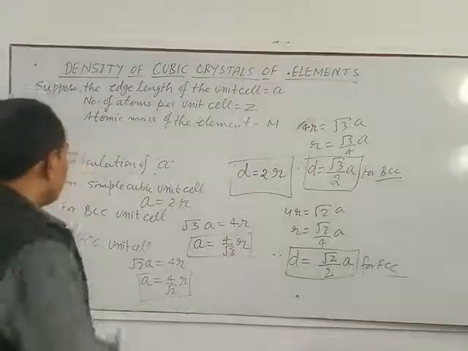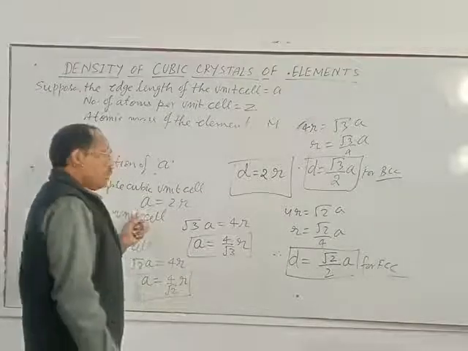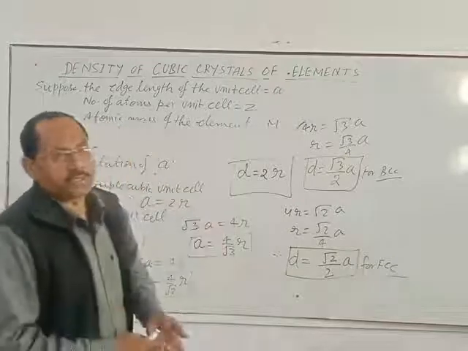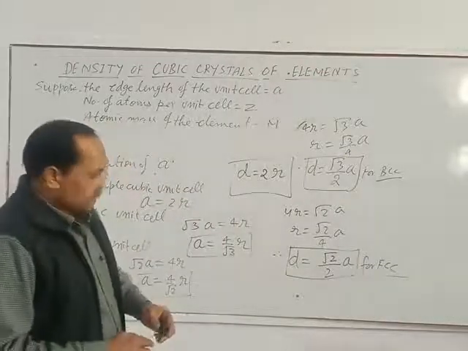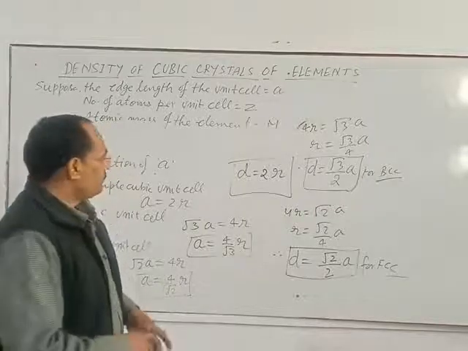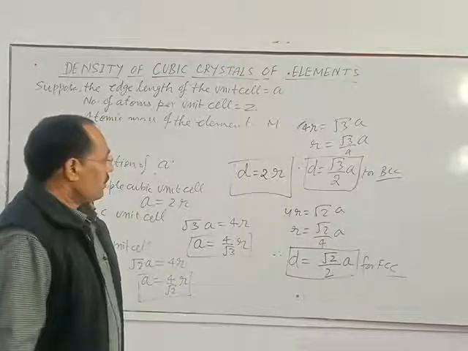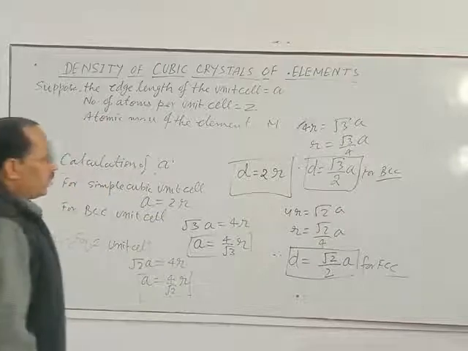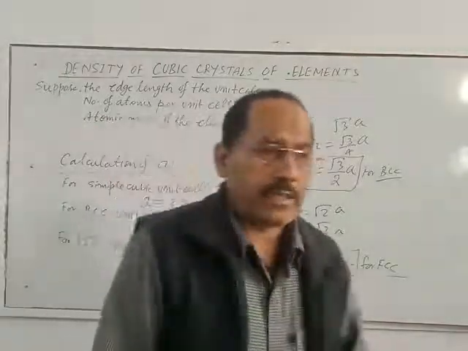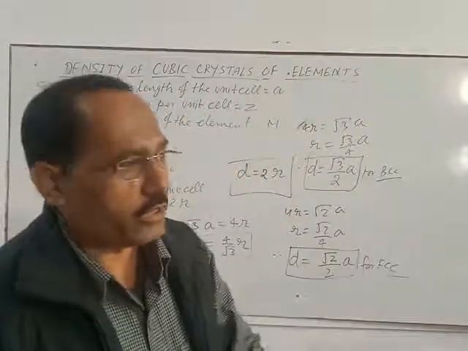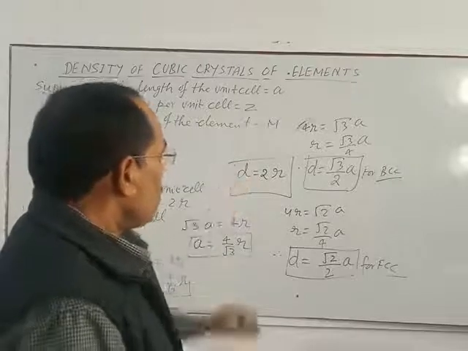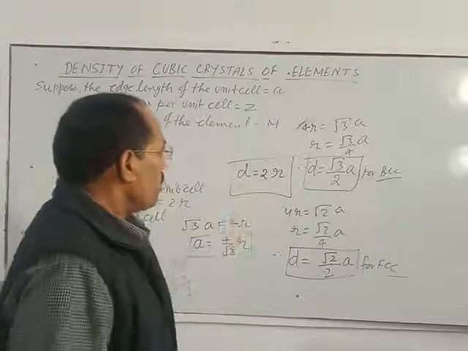Distance between nearest neighbor for simple cubic unit cell is equal to edge length, because in this case corner atoms touch each other. That is why d equal to 2r or d equal to a. In case of body centered cubic unit cell, atoms present at the corner and at the body center touch each other. That is why 4r equal to root 3 a, hence r equal to root 3 a by 4.